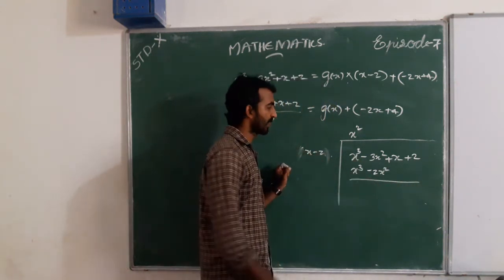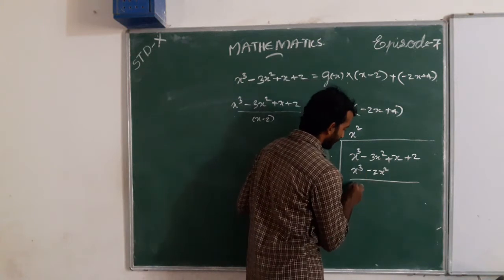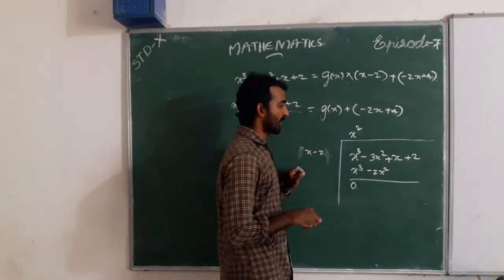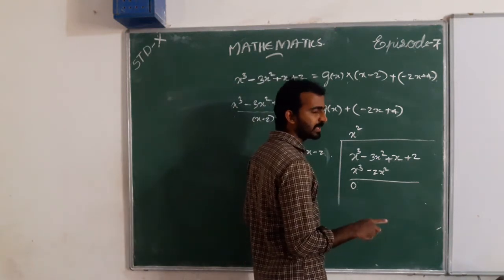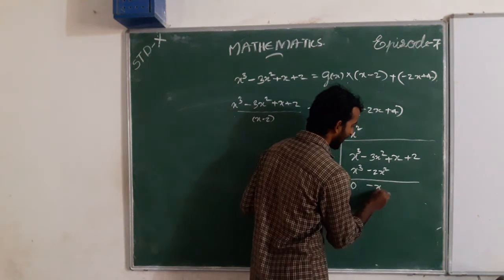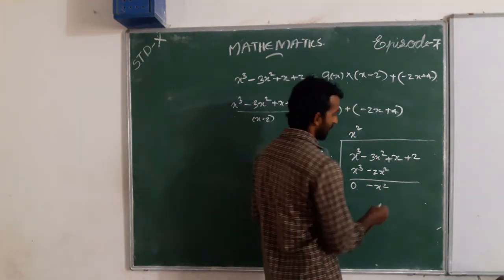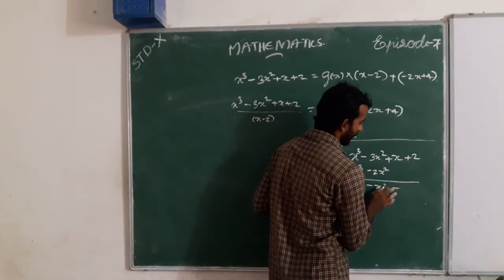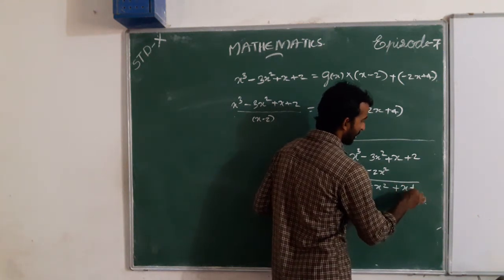We get 0. Minus 3x square minus minus 2x square, we get minus 3x square plus 2x square. That is, we get minus x square plus x plus 2.